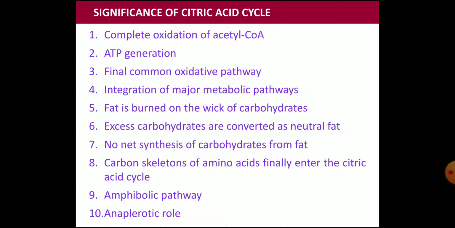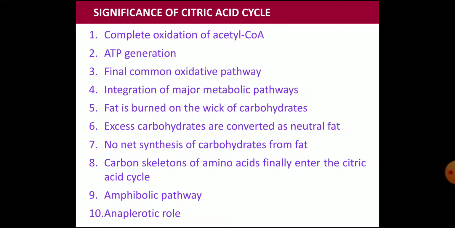And fat is burned under the wick of carbohydrate. That again we will explain. Then excess carbohydrates are converted to neutral fat. When there is more carbohydrate, finally it is converted to fat and stored. Then no net synthesis of carbohydrate from fat. So carbohydrate can be converted to fat, but fat cannot be converted back to carbohydrates.